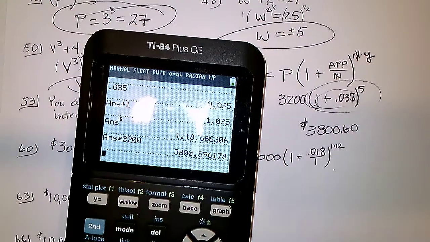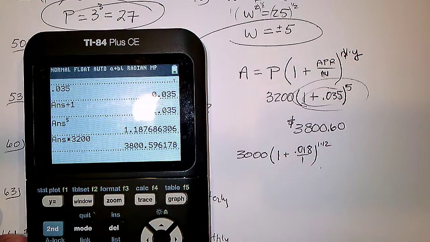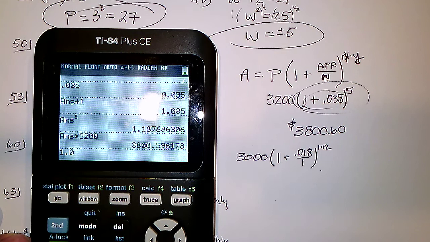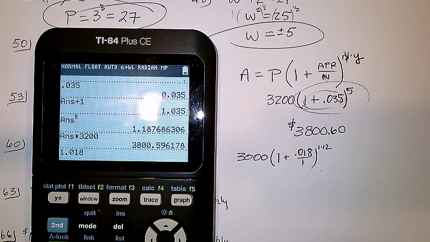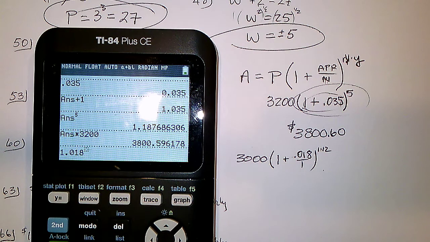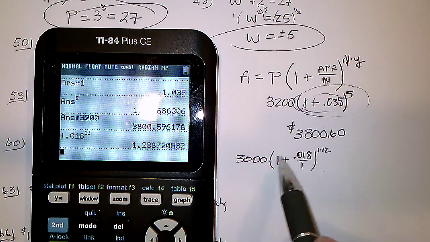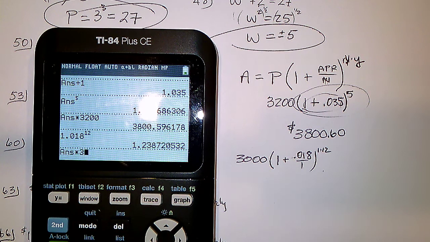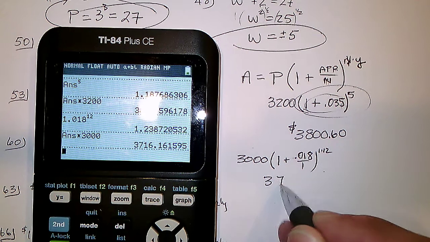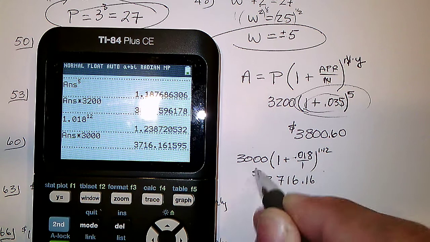So divided by 1 doesn't change it, so I'm going to have 1.018 is what this inside would be. I'm going to take that to the 12th, and I get a number that I'm going to take times the 3,000, and I get $3,716.16, rounded to the nearest penny.